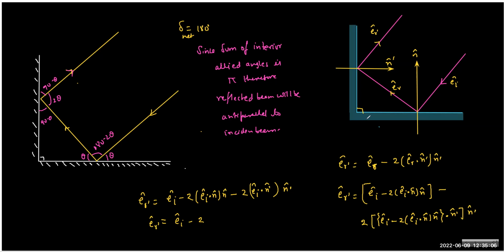Not n dash. This is vi dot n dash. Anyway, I think eventually we have to write the angle only. The only way I can prove it is using the angle.